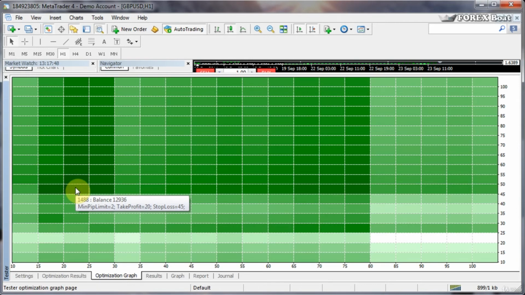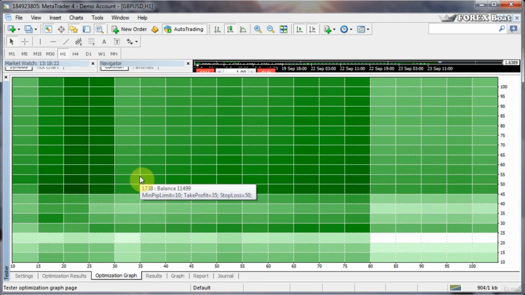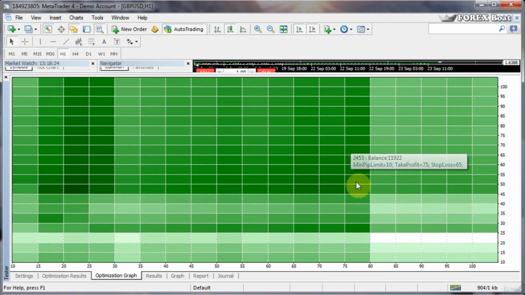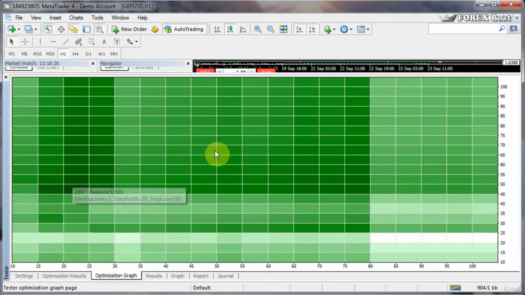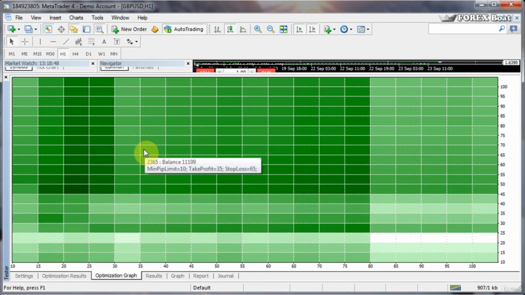So min pip limit was 1, 2, 3 and all the way up to 10, and for each one of those the take profit was 20 and stop loss 45, and so the color represents the most profitable out of those 10. So here you can see that the most profitable out of those 10 was min pip limit 2, for take profit 20 and stop loss 45. So this allows you to analyze the two variables, take profit and stop loss, without worrying about the other ones. So I'll show you another example.